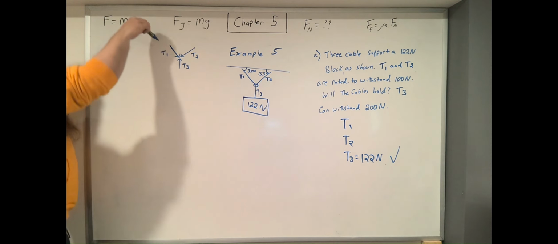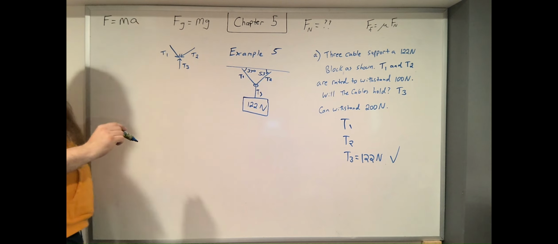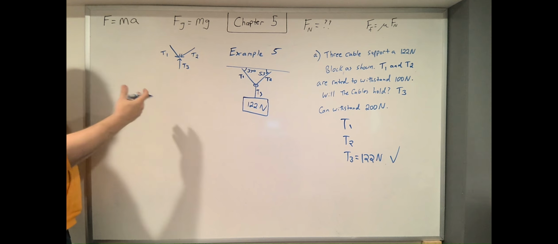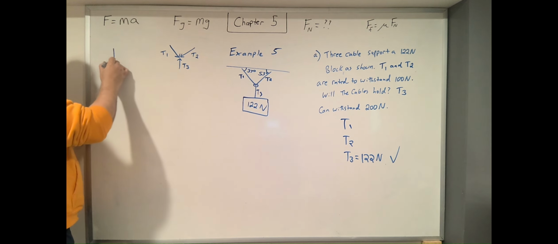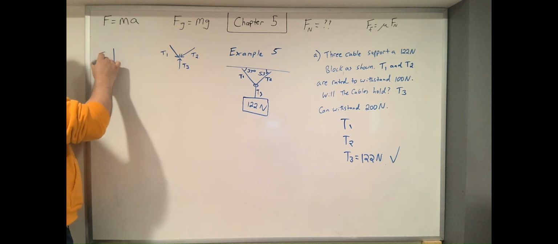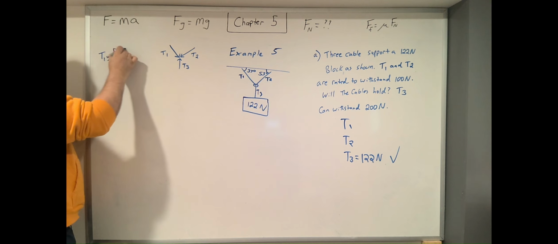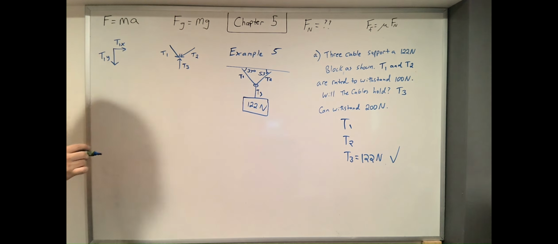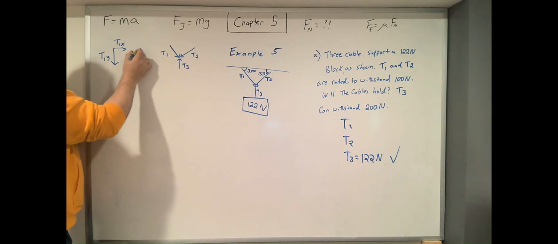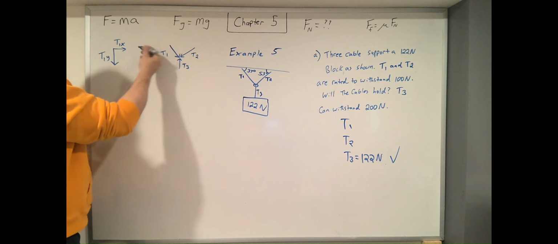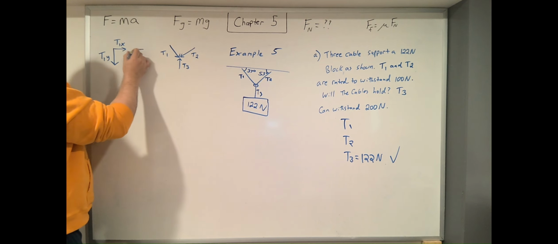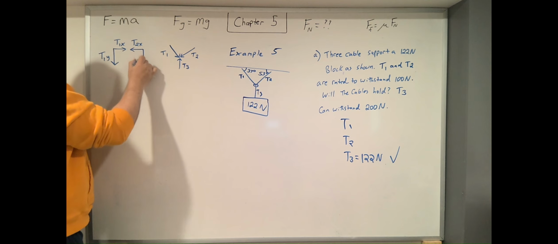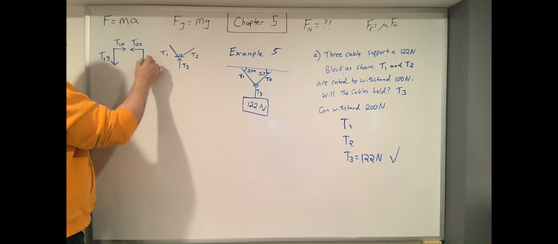For instance, T1 goes down and to the right. So if I were to draw that in a free body diagram with it being broken down, I would have a T1y and a T1x. T2 would be done the same way, but that goes down and it also goes to the left, which means I will have a T2x and a T2y.